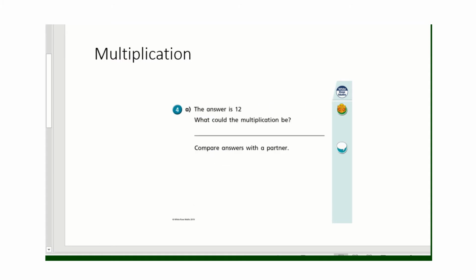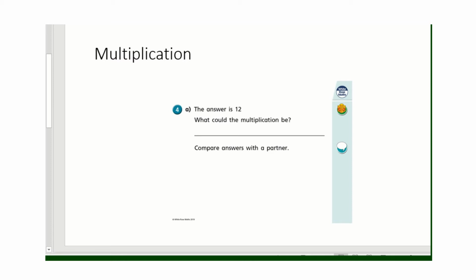Now then, I wondered if you'd be able to have a little think of this. The answer is 12. What multiplication could it be? Could it be the 10s? Can't be, because multiples of 10 end in a 0. I don't think it can be in the 5s either because 5s end in a 5 or a 0.